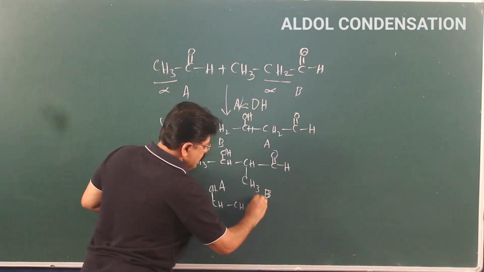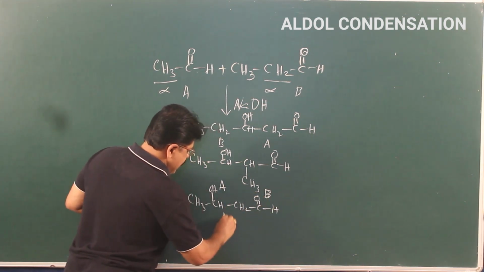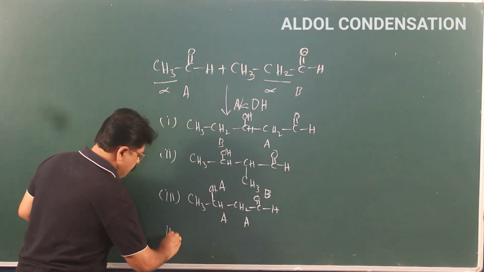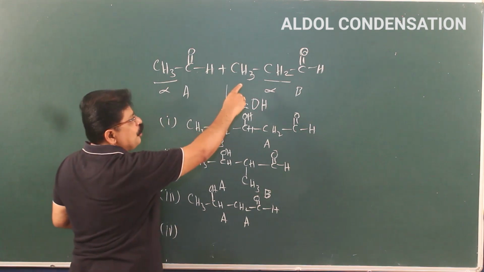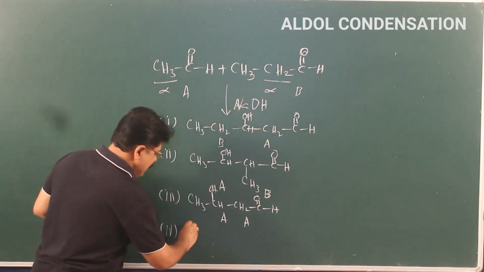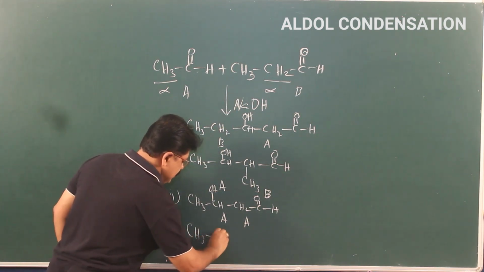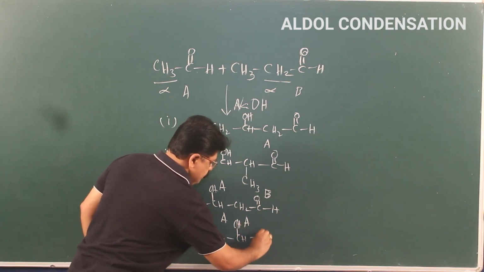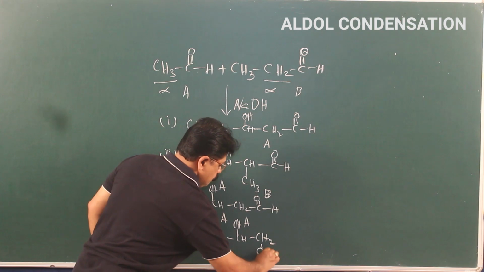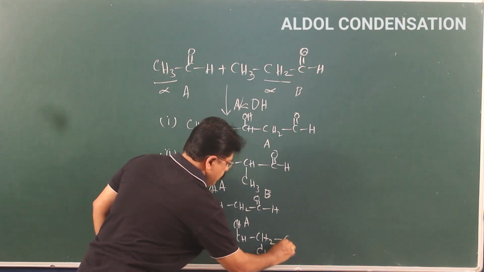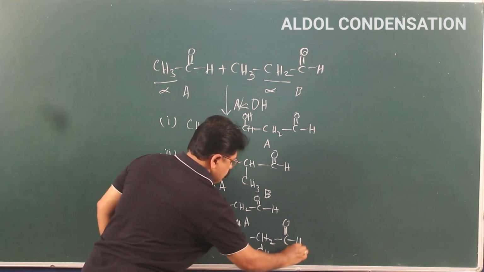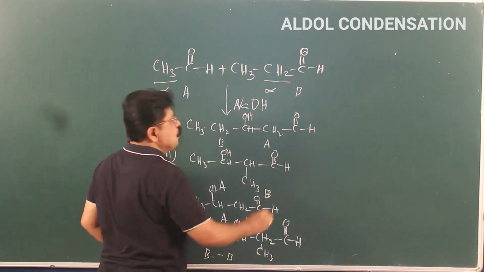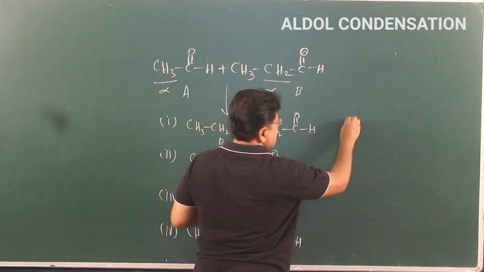We can call it AA. Or two molecules of that itself could combine, resulting in the formation of CH3, CH2, OH, CH2, CH3, that is B. So, four possibilities are there.